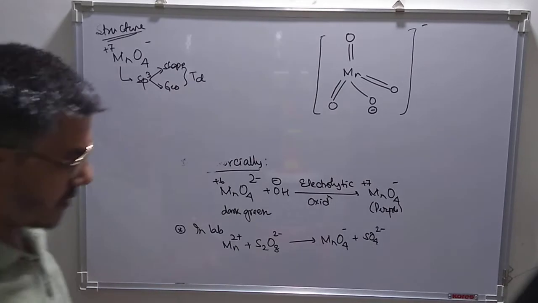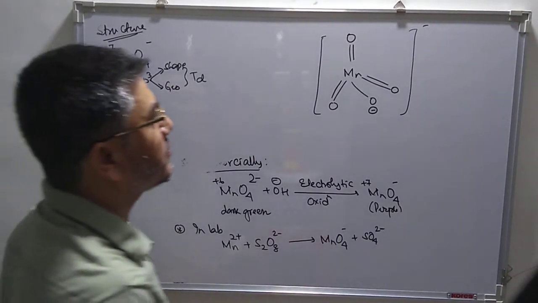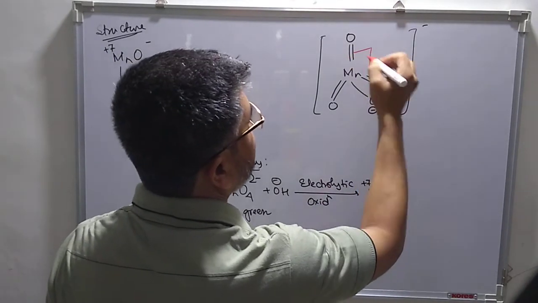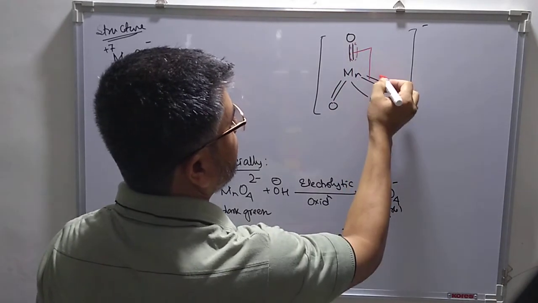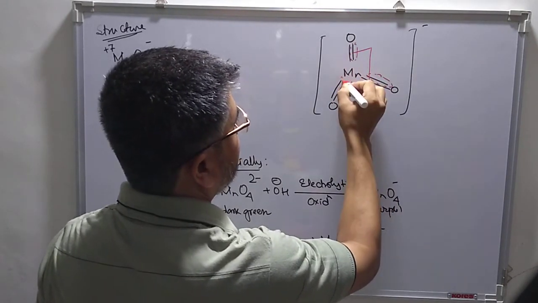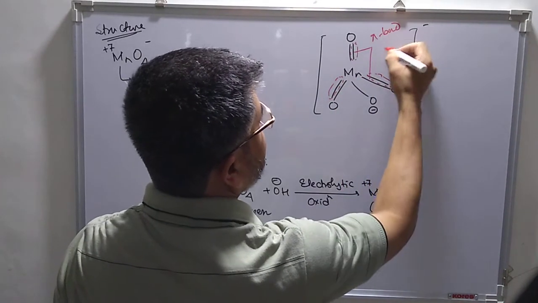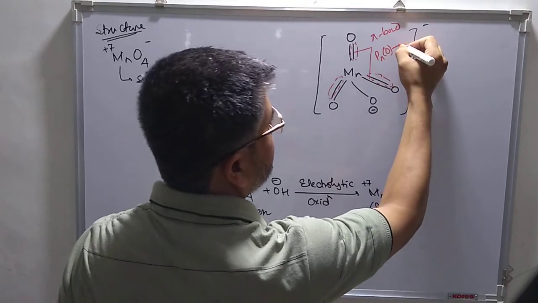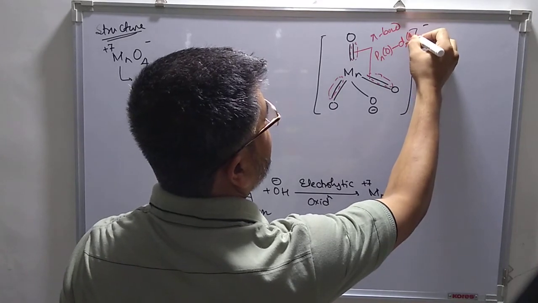Now, similar to the dichromate ion, this multiple bond that is being formed here is a pi bond, and this pi bond is formed by p pi of oxygen transferring electrons to the d orbital of Mn.